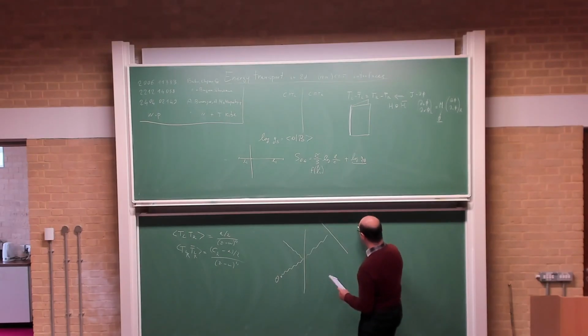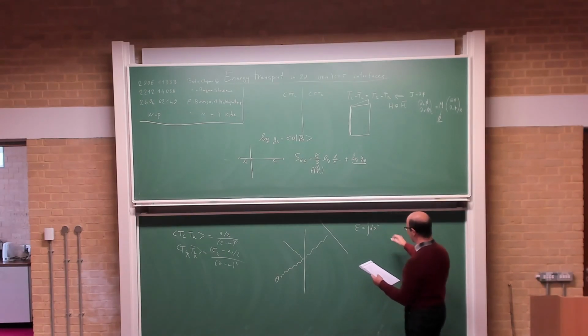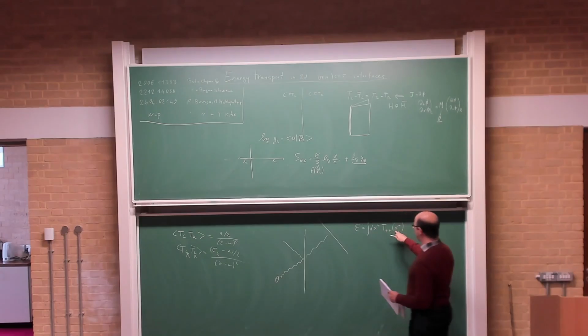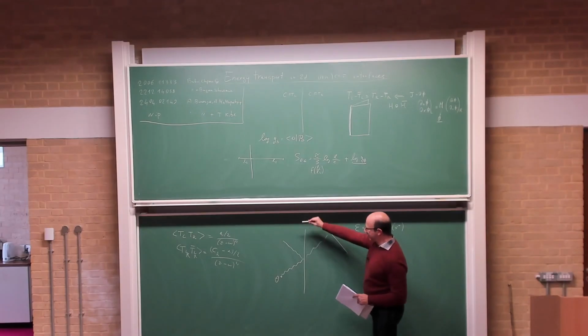This is done by looking at the so-called ANEC operator, which is the integral along the light cone direction of, say, T plus plus. If this is the x plus direction, this is independent of x minus, which means you can measure it at any light ray you want.